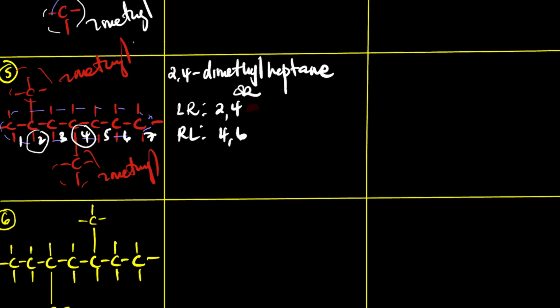This one, 2 plus 4 is what? Is 6. And this one is what? Is 10. So you take the smallest. So you're going to name from left to right. That's what we did, from left to right. We're going to number our carbon from left to right. So it's going to 1, 2, 3, 4, 5, 6, 7. So it's left to right, right? So do you see we have 2 and 4, 2 and 4, right?